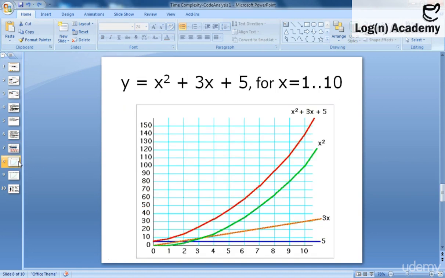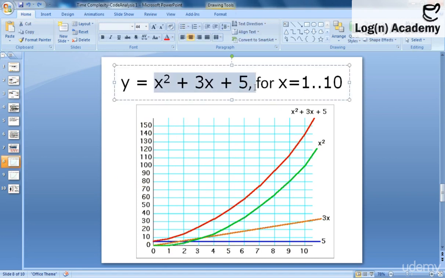So here we have a graph in which we have tried to convey how the complexity increases. This is the number of inputs, and this is the time. The equation we have is x square plus 3x plus 5. In place of n, I'm using x now.